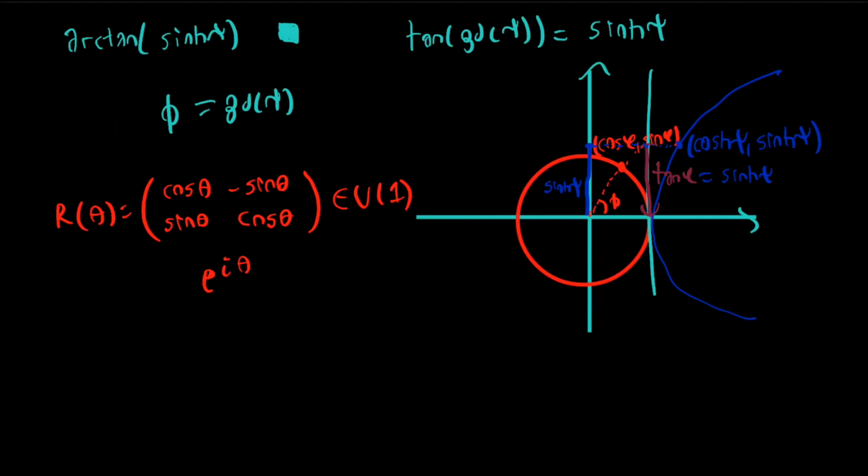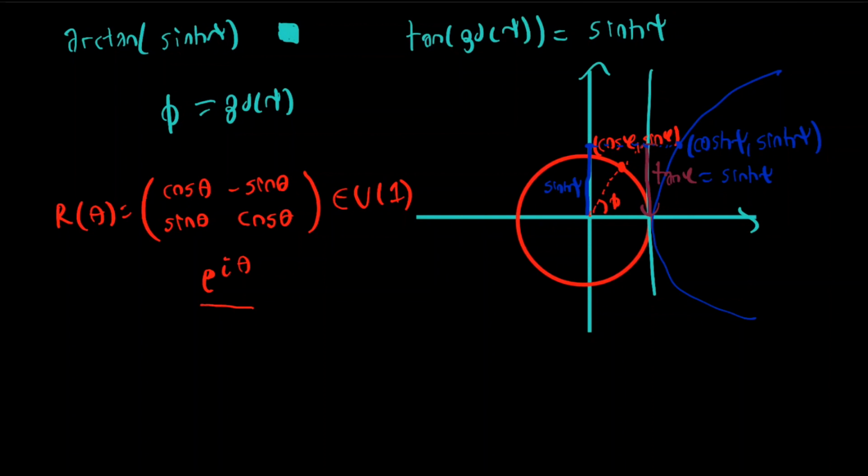Not only does this represent a bridge between circular rotations and, well, as we said earlier, physically, hyperbolic rotations, which are deeply related to Lorentz transformations, but also this potentially relates unitary complex numbers.